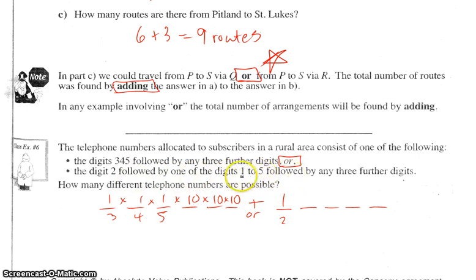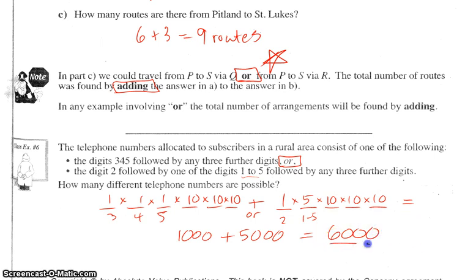So that would leave us 5 choices for the next position, followed by any 3 further digits. Again, they're not saying which ones, so we would have all 10 as choices. And there we go. Now we need just to work that out, so that's going to be 1,000 plus 5,000. So our answer should be 6,000 telephone numbers.